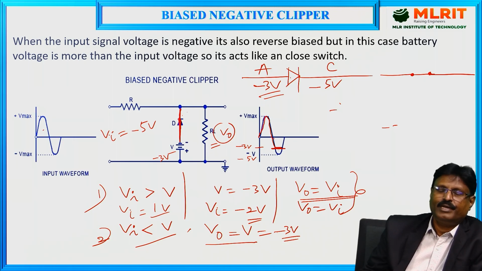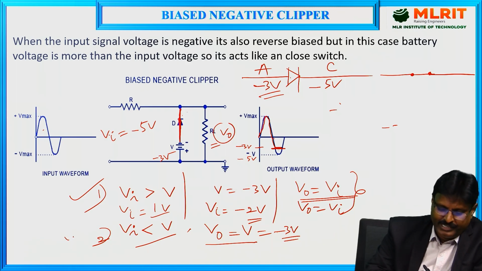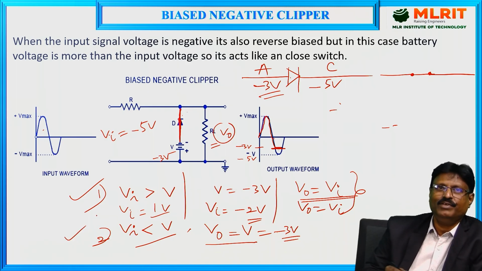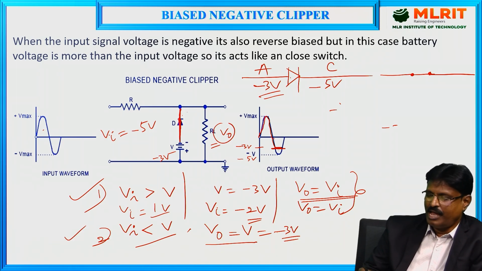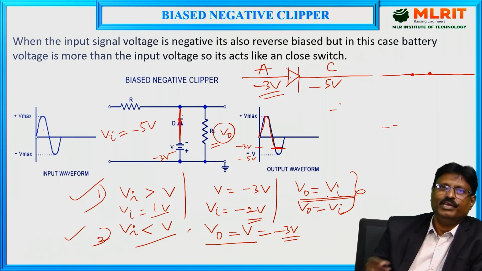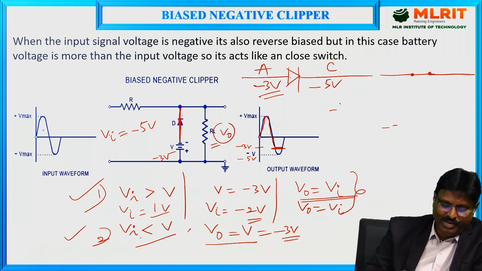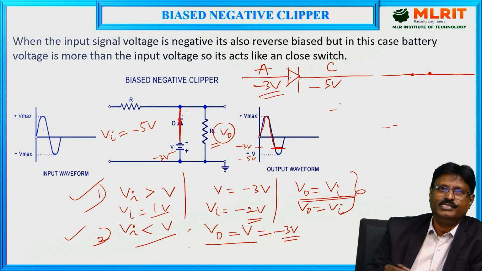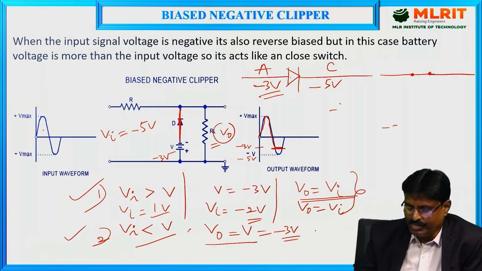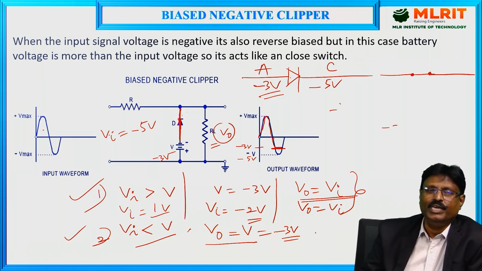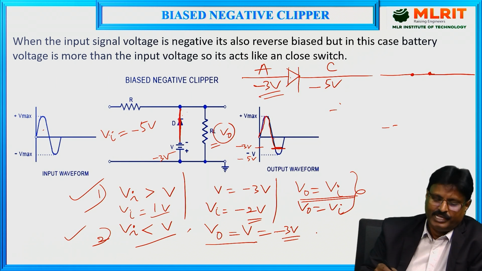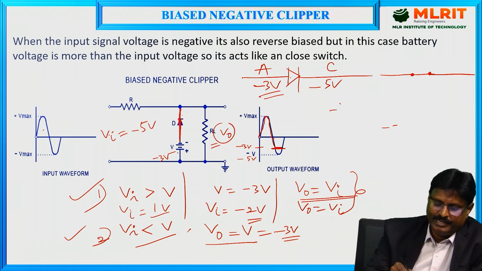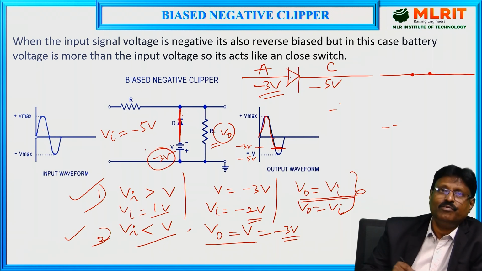For the biased negative clipper, we have taken two cases for the operation: Vi greater than V, and the second case, Vi less than V. Whenever Vi is greater than V, where V is the battery voltage, output voltage will be equal to input voltage. In the second case, whenever Vi is less than V, where V is the battery voltage, V naught is equal to V. As an example, I have taken the battery voltage as minus 3 volts.